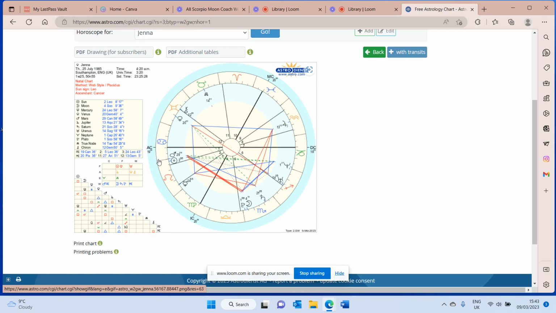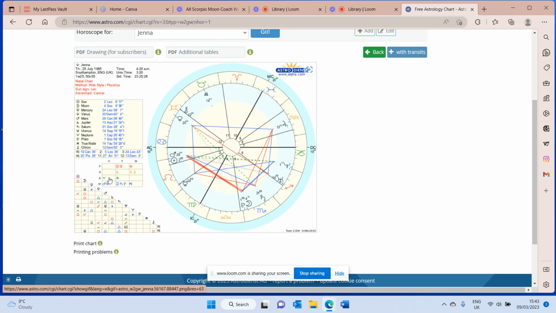So have a look and see what your elemental mix is. Down here, this is fire, air, earth, water. See what your mix is. Mine, for instance, has a lot of water, quite a bit of fire, quite a bit of air, and compared to the other elements, not a lot of earth.